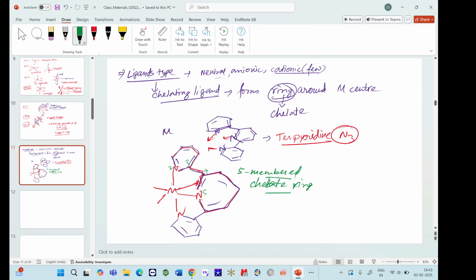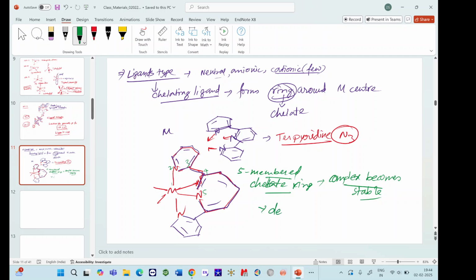And when these chelate rings are formed, the complex becomes stable. This is called the chelating effect, because the chelate restricts the movement of the ligand. One ligand is bound to 2 or 3 coordination directions, so their free movement is blocked.